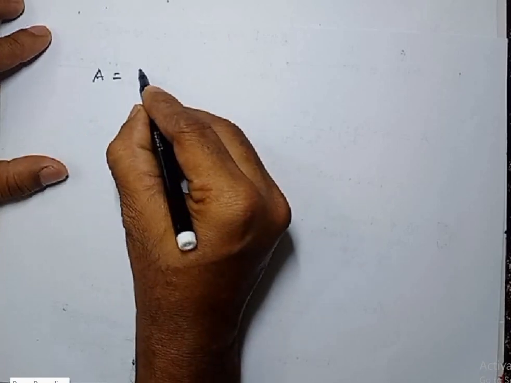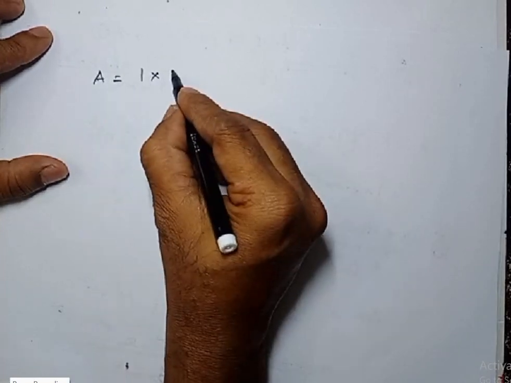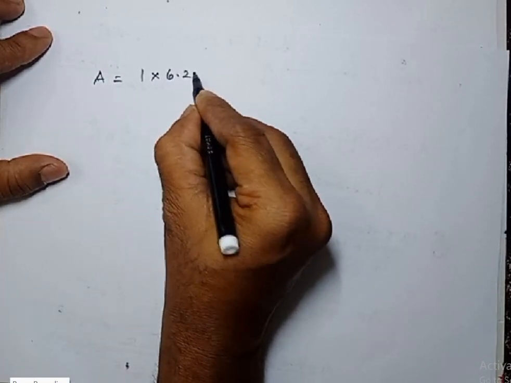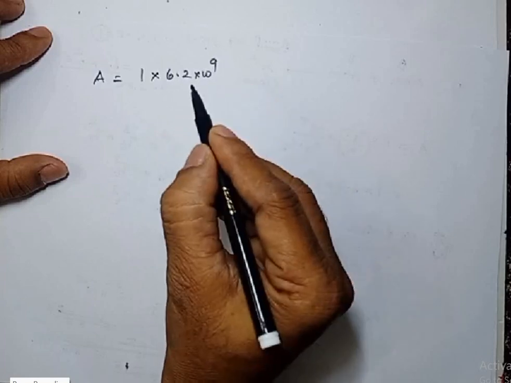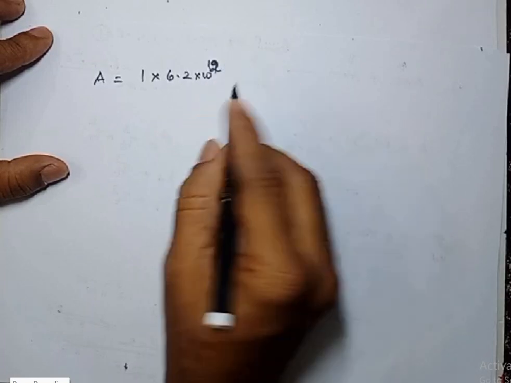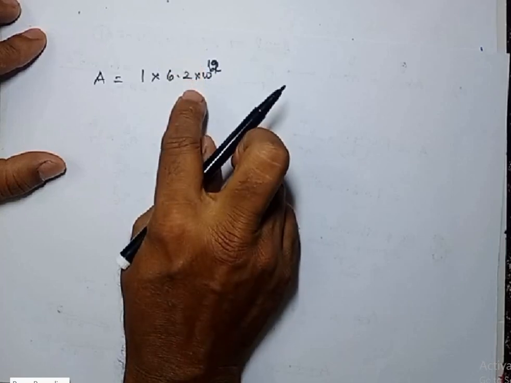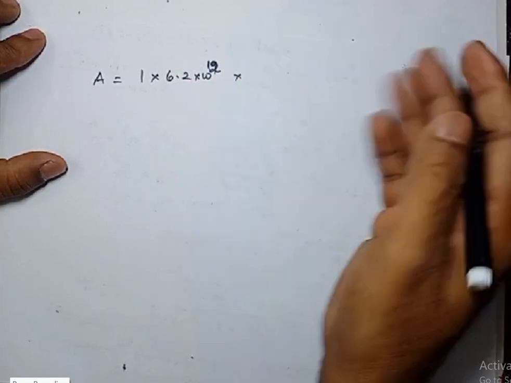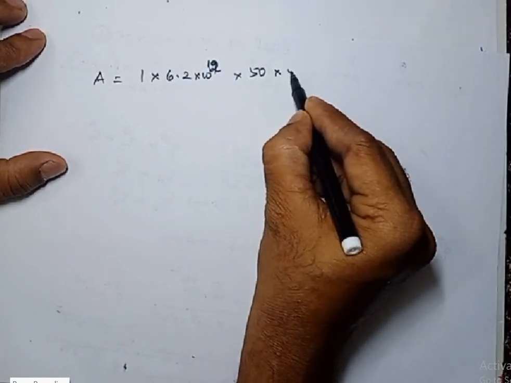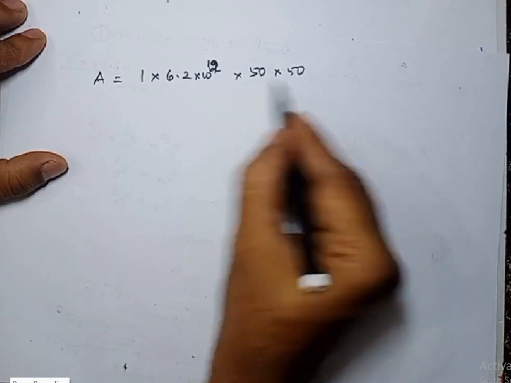Observe carefully. So A is equal to kappa value is 1, kBT by h is 6.2 into 10 to the power 12. This is the value of kBT by h at 298 Kelvin. And we have 2 rotational degrees of freedom. Each rotation will contribute 50, so 50 into 50.